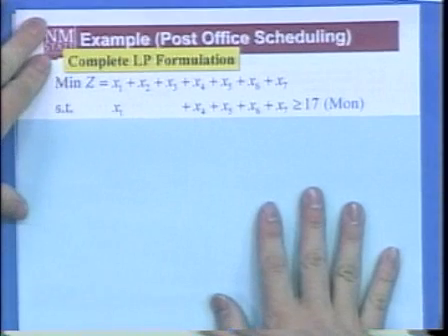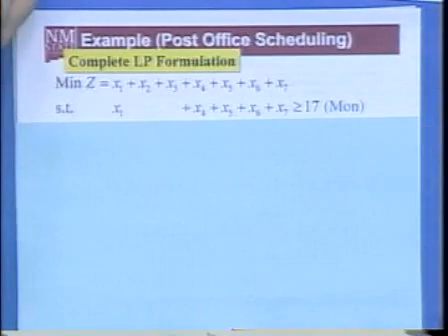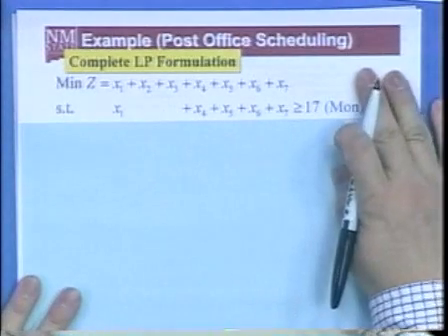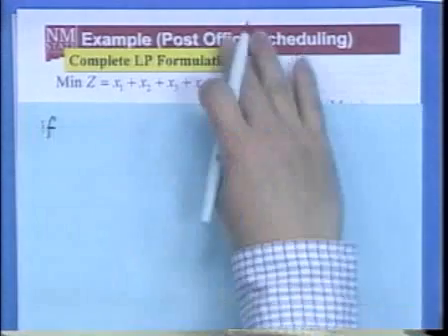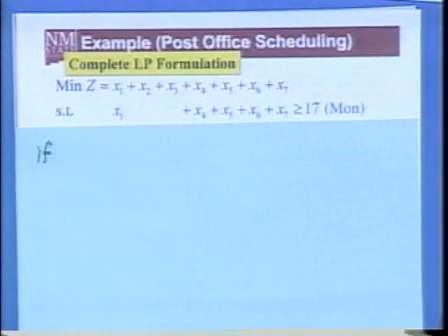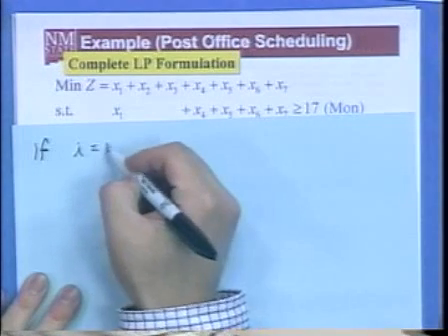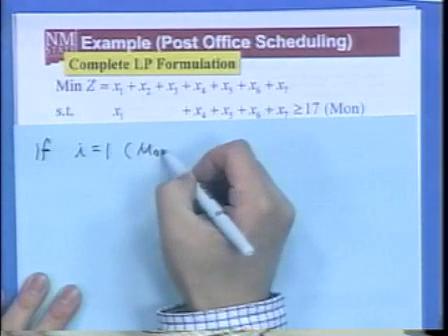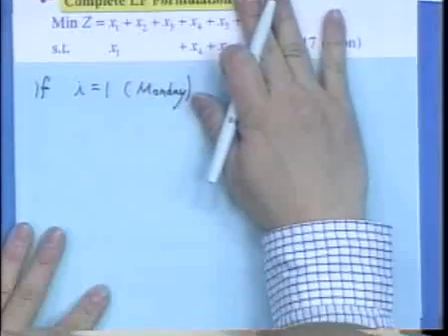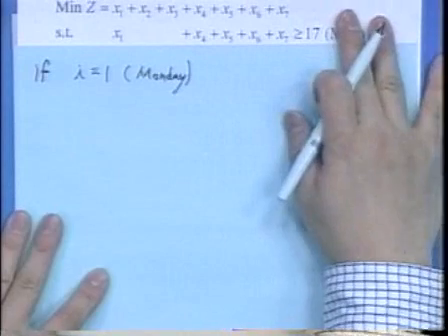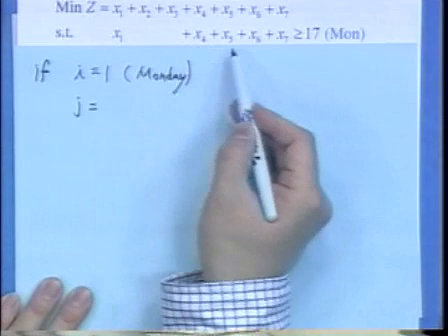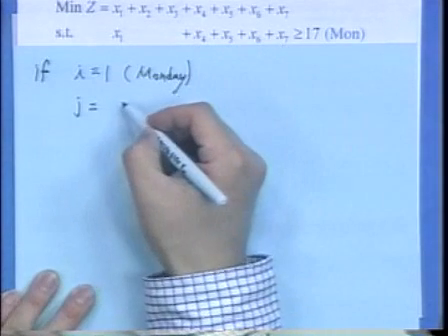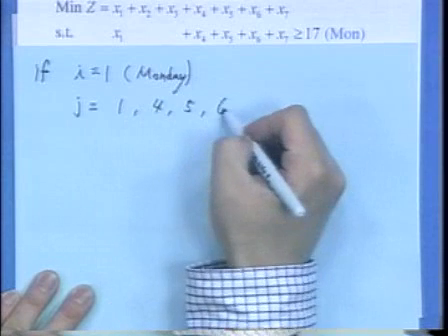First, let's consider the Monday constraint. Okay? So if I equals 1, which means it's Monday, j could take the values of 1, 4, 5, 6, and 7, right? So j is going to be 1, 4, 5, 6, and 7.